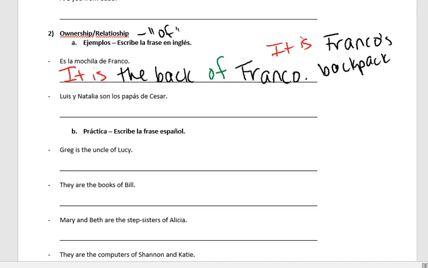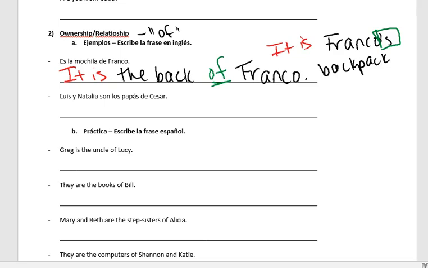So what happens in English is we take this of and we do an apostrophe S. That apostrophe S does not exist in Español. So they still do the of. They still speak in more of a traditional, like how we think Old English language. And that's how they're going to do that.